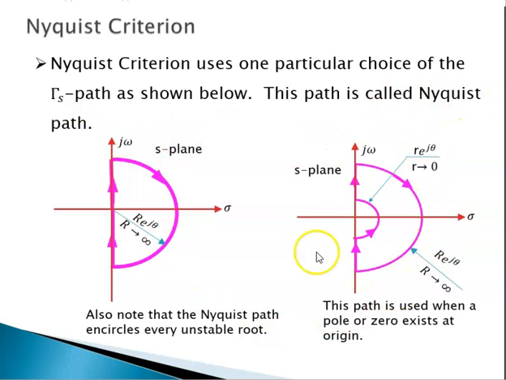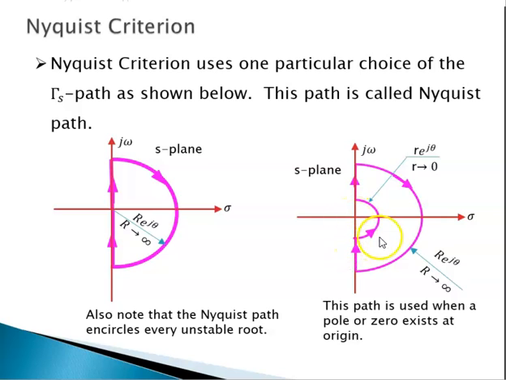We use this particular choice consisting of one big semicircle and one small semicircle in case the transfer function has a pole at origin, that is, if there is an S term in the denominator. When this S term is there in the denominator, the delta S involves something divided by 0, which we don't want.